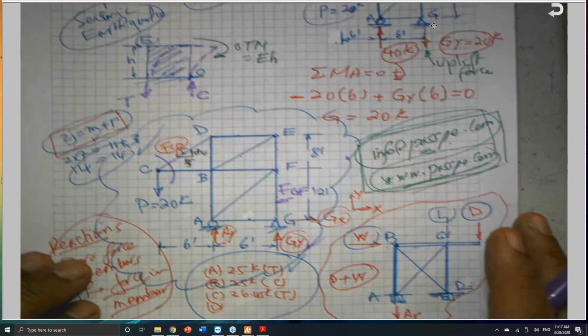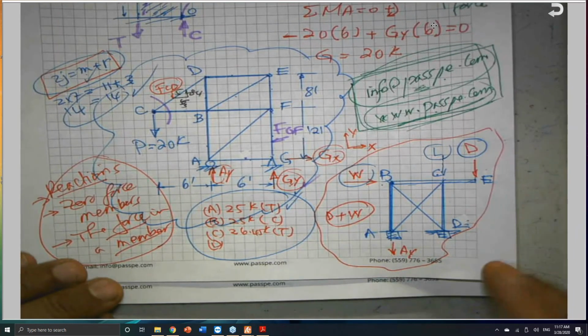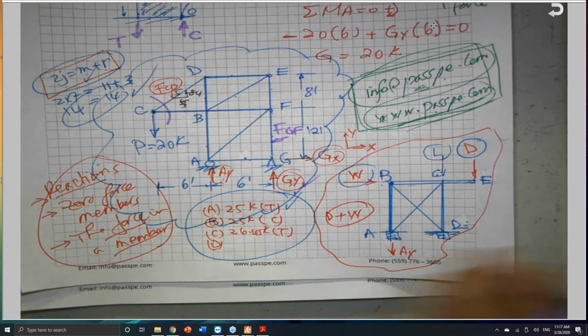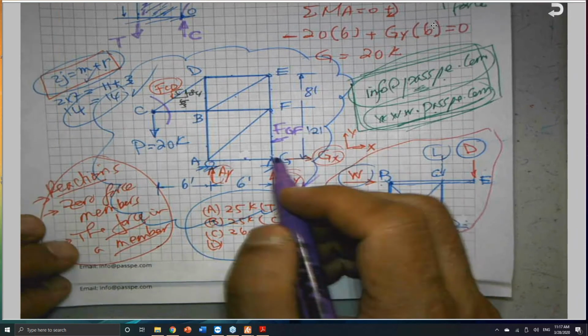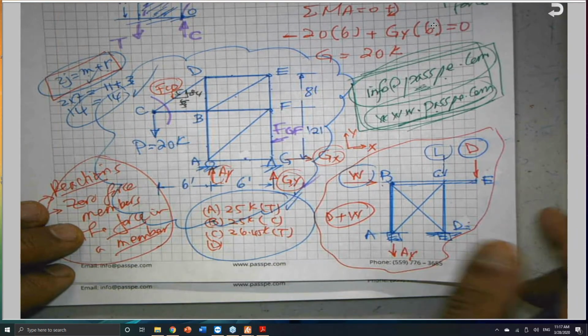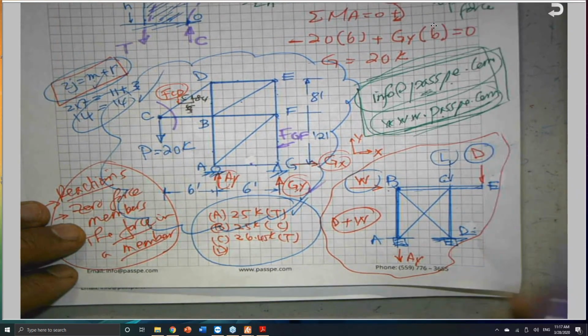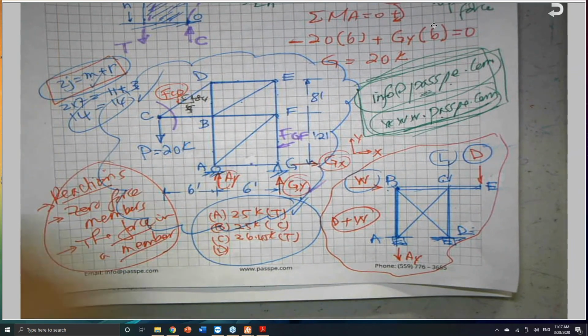Makes sense. Okay. So going back again to this truss and ask ourselves, based on the two rules about the zero force members, how many zero force members here for this truss?